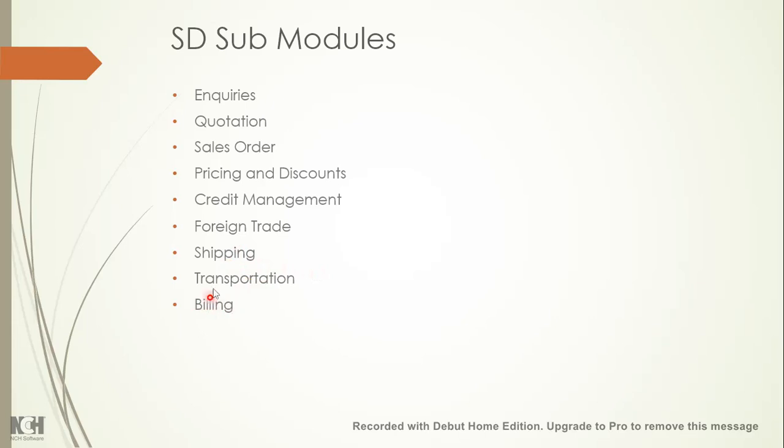Finally, in billing: once material is delivered, you need to do the billing. Within billing you can define different types of billing document types. You can also define your invoice printout, and put in your bank related information.